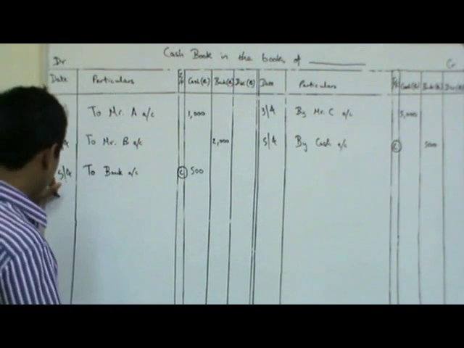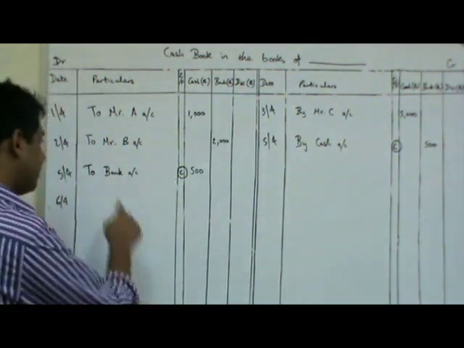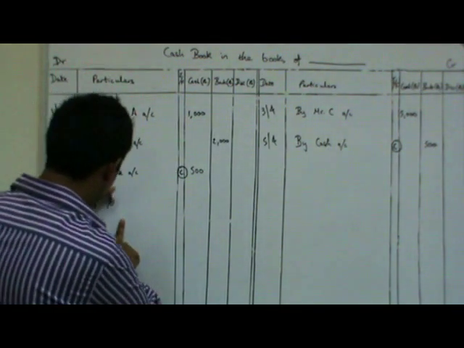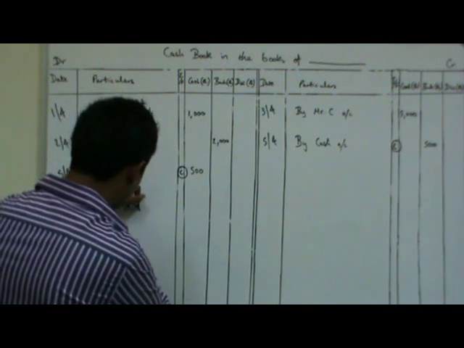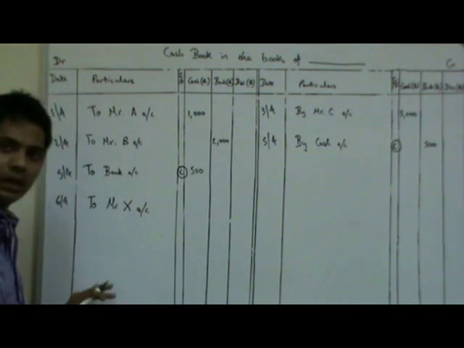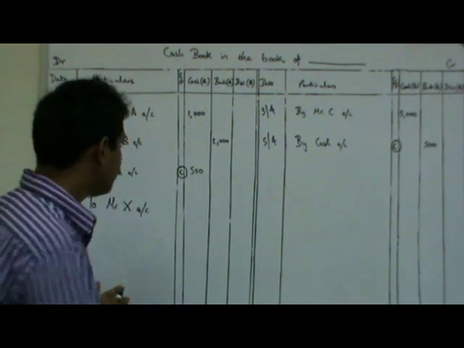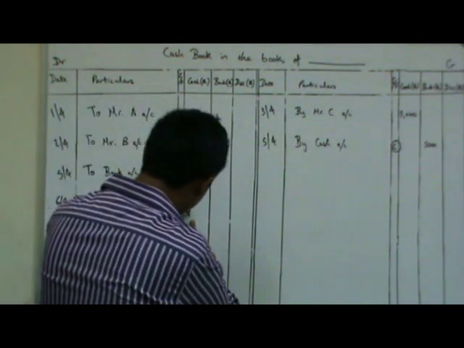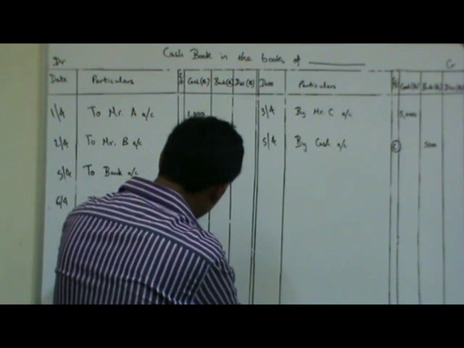When he gave us money on 6th April, it being a receipt, we write it on the receipt side, the debit side, we write to Mr. X account. Since the money came in cash, we have to write the sum in this column. But we can only write the cash actually received, 9,900.